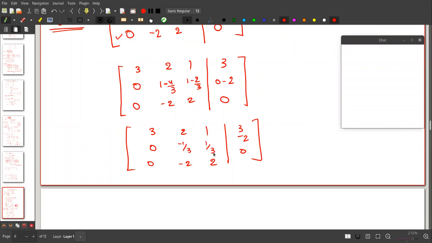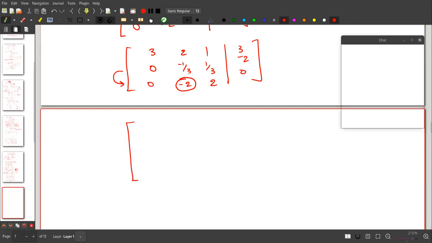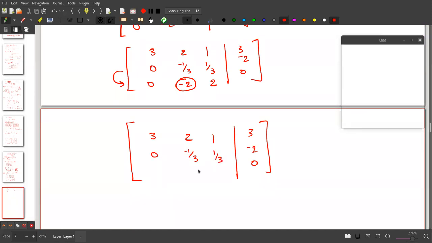Now we have to make this one 0, so that all the equations become upper triangular. We have to do some operation here. Let's write the other things as it is: 3 2 1, 0 minus 1 by 3, 1 by 3, and 3 minus 2 0.